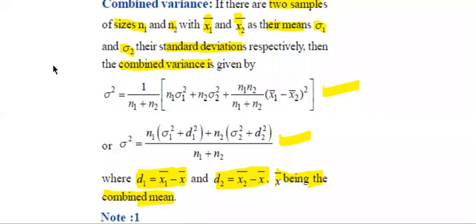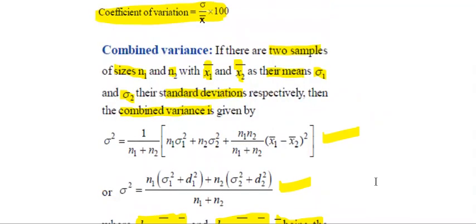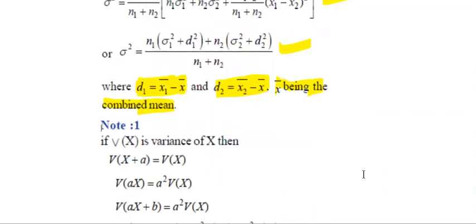But x bar is the combined mean. How to find the combined mean? Already you know very well. Remember it.